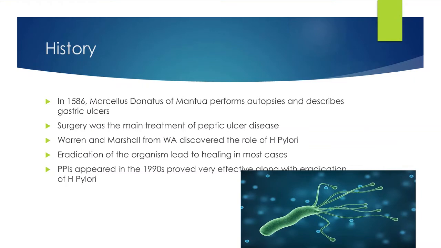So that was the treatment until 1987, when Dr. Warren and Dr. Marshall in Western Australia discovered that, in fact, most of ulcer disease is caused by a bacterial infection, and that bacteria was described as H. pylori, and hence antibiotic treatment became possible to treat the ulcer and mainly prevent the recurrence by eradicating H. pylori.